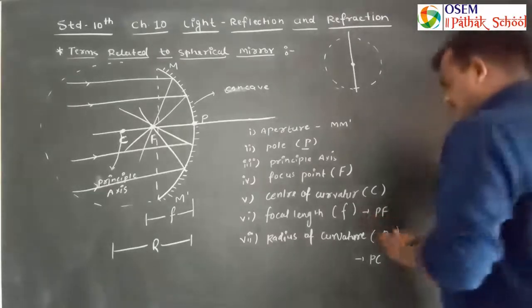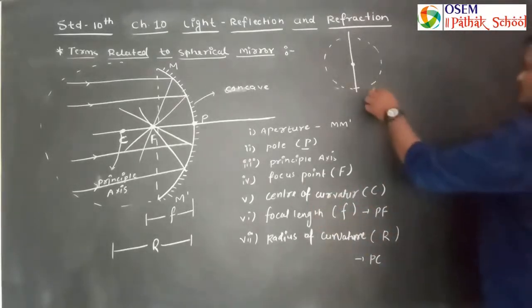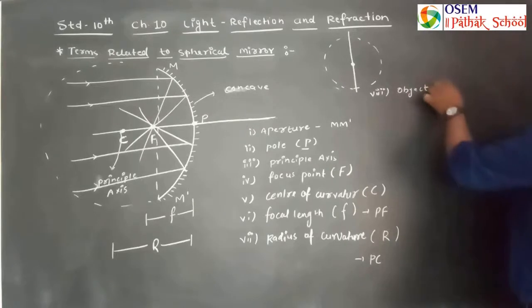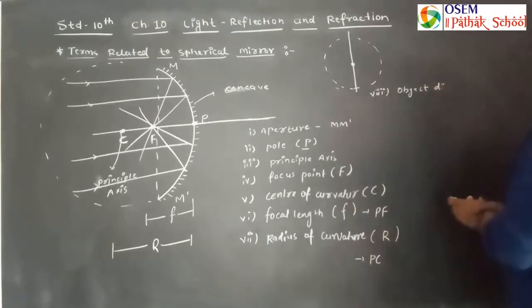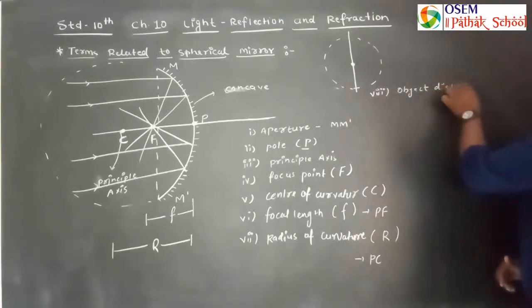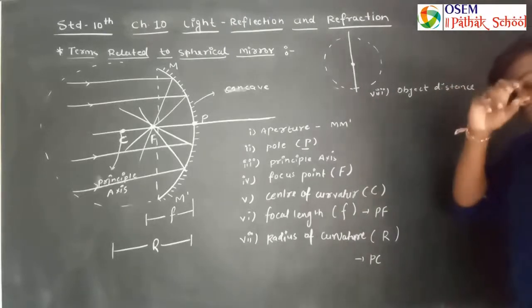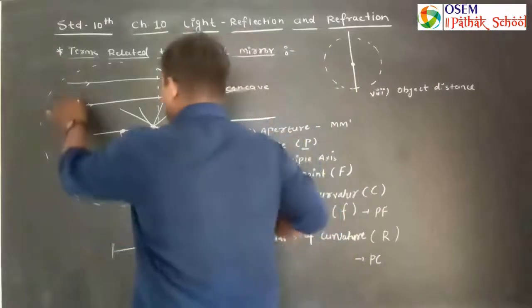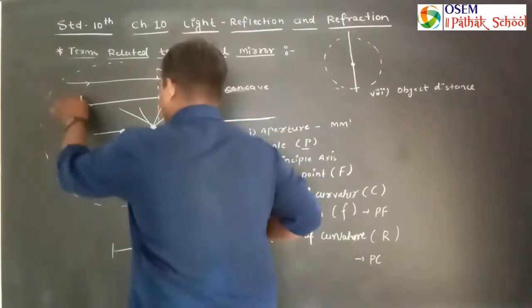Now the eighth definition is object distance. What is the object distance? The distance of the object which is placed in front of the mirror.